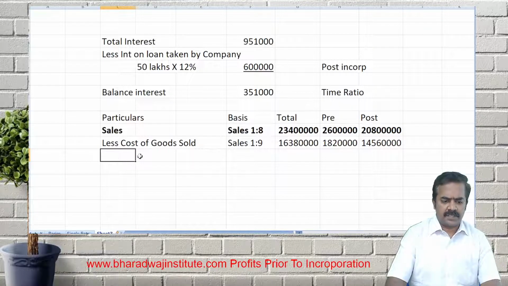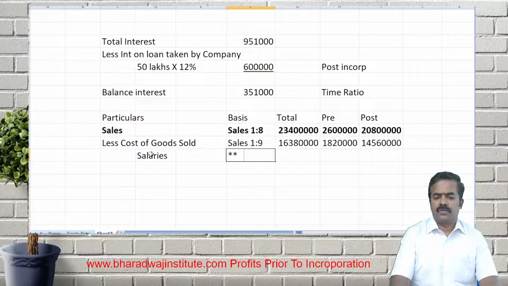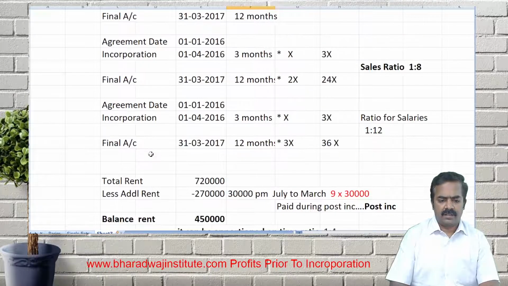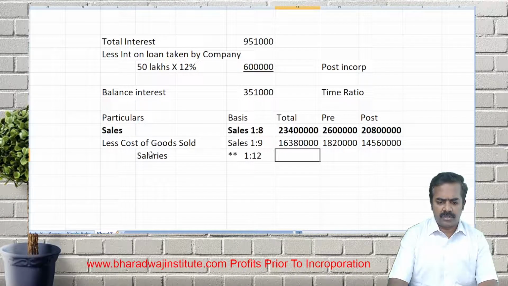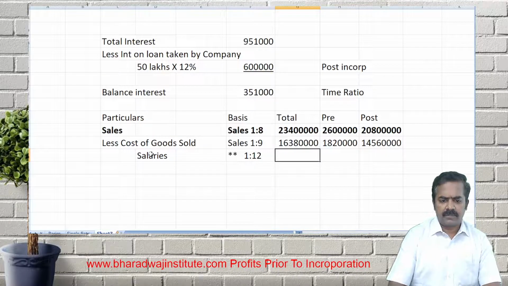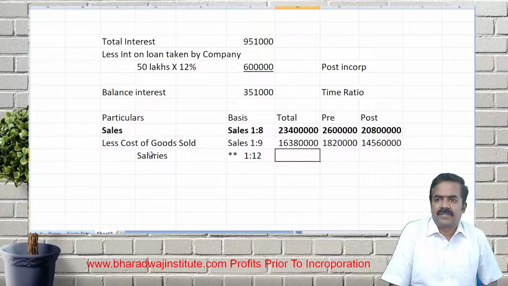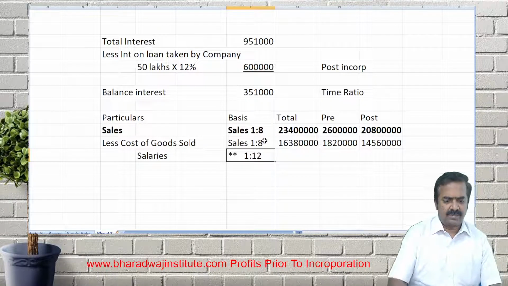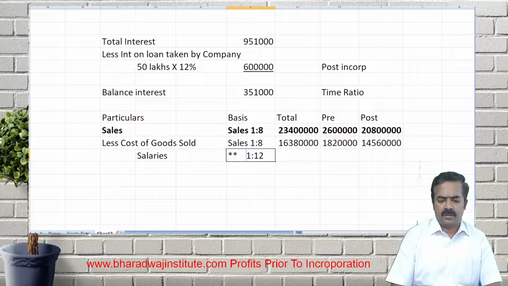Then what are the other expenses? Salaries: we worked out a specific ratio. What is the specific ratio we worked out for salaries? Based on the number of workers, the ratio for salaries is 1 is to 12.